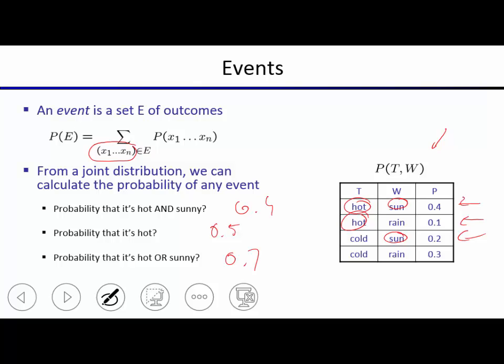We just look at every row that's compatible with the event and sum the probabilities together. All right. Typically what we'll care about in terms of events will be events of the type, what's the probability that T equals hot, or if you have many random variables that some small subset of variables take on a certain set of values.